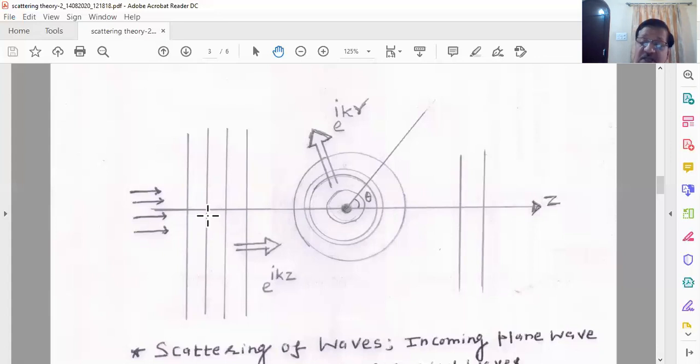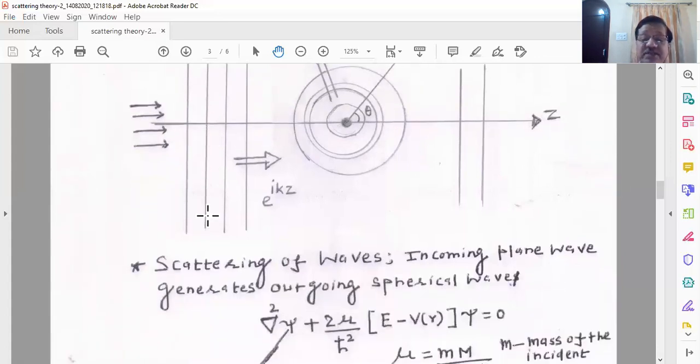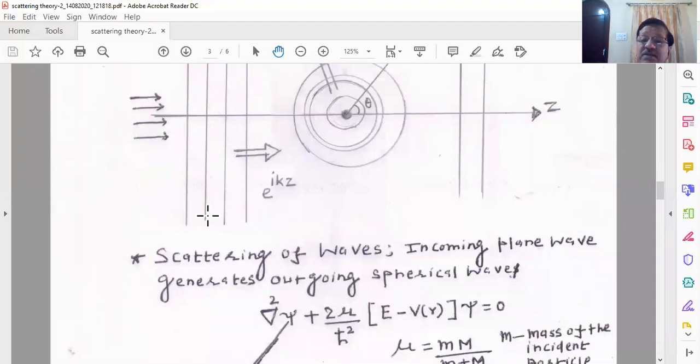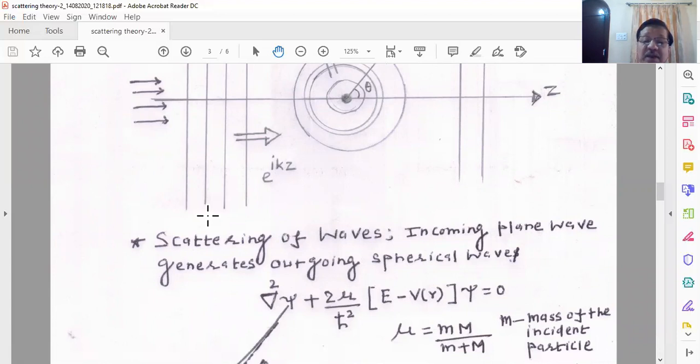We have studied in third year BSc that if you have a system of two particles in which the distance is relatively changing, you can apply this Schrodinger wave equation: del square psi. Del square is a Laplacian operator, and we can use this in a spherical polar coordinate system.